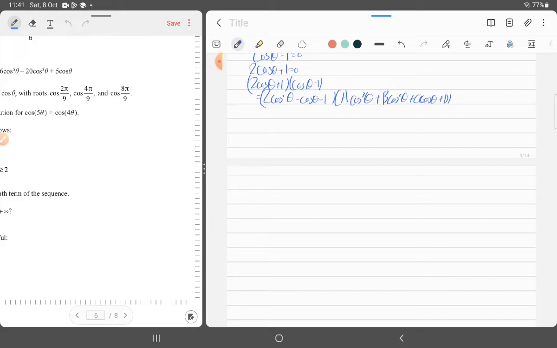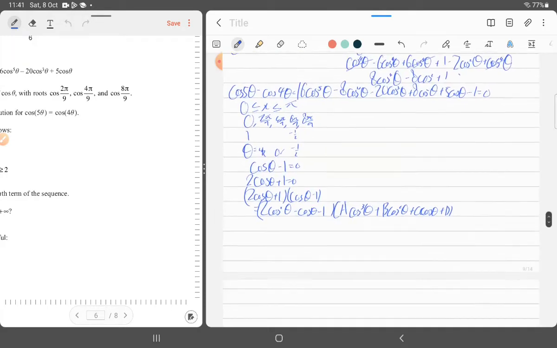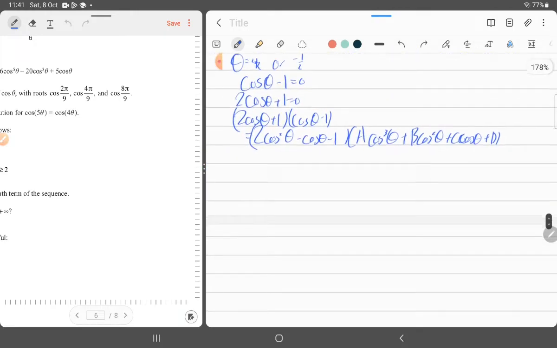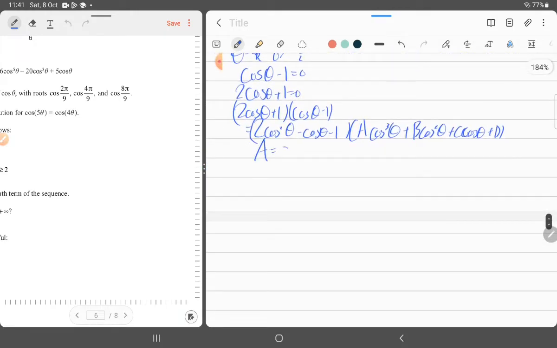I don't want to expand this out. Do I have to? Actually, no, we can quite clearly see that. Connect this with this, and the d with this. So d equals 1.